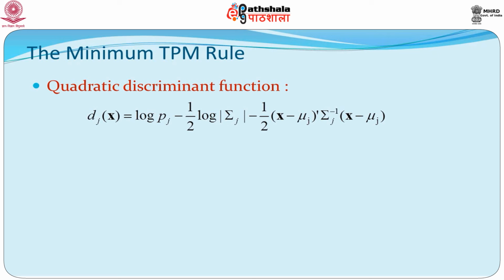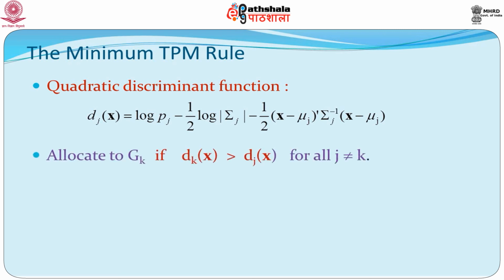You can see that this function is a quadratic function in x, and therefore we call it a quadratic discriminant function. Then, as before, we allocate to the kth class if d_k(x) is greater than d_j(x) for all j not equal to k.